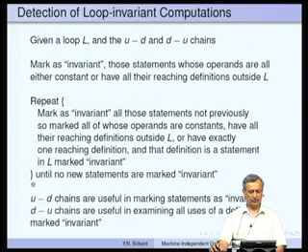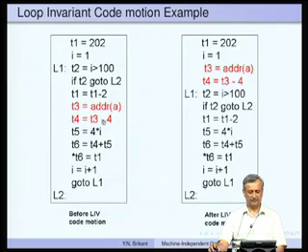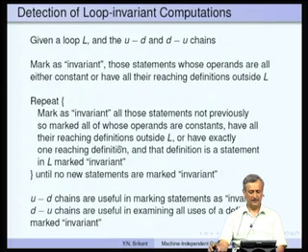So, we have to repeat this many times: mark as invariant all those statements not previously so marked, all of whose operands are constants, or have all their reaching definitions outside L, or have exactly one reaching definition, and that definition is a statement in L marked invariant. This is what I showed you, and that is the example given here.